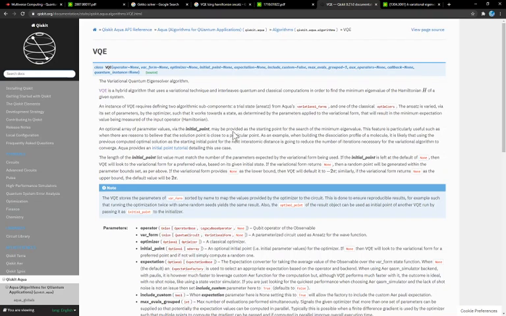So the Hamiltonian will be the Ising Hamiltonian, the QUBO translated to an Ising Hamiltonian. That's what we're going to do here. And then the ansatz, I don't know what a good ansatz would be for these, to be honest.